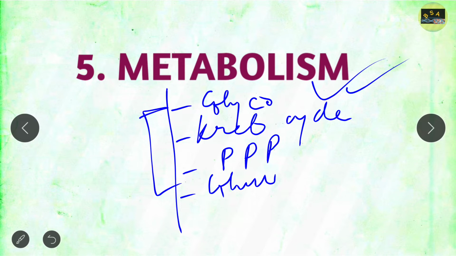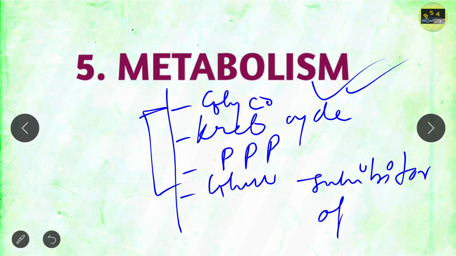You should know about the inhibitors of the electron transport chain, the inhibitors of oxidative phosphorylation. You should have the memory to store all these pathways. According to me, these are the most important topics.